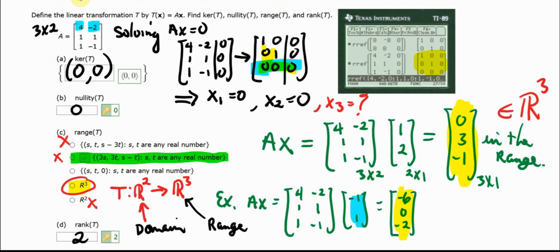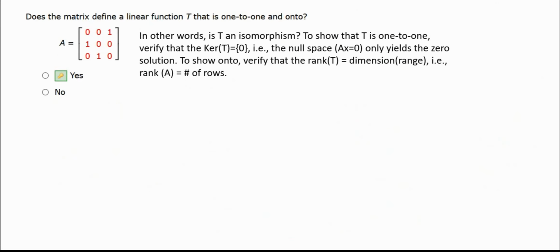It looks like this particular matrix transformation is mapping into R3. It looks like we're picking up values in R3, so it looks like that could be the range. Well, the last one, and then I leave you alone.